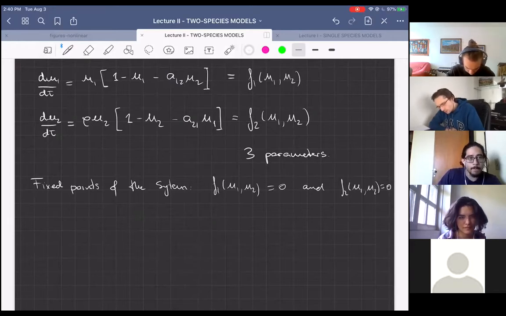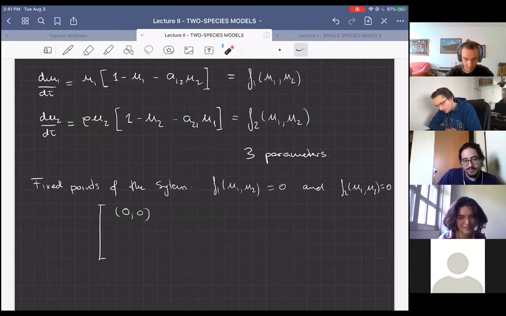So anyone wants to shout them out? I can tell you the first one, for instance, is (0, 0), right? By making this one 0 and making this one 0. There are other almost trivial fixed points that are (1, 0) and (0, 1).